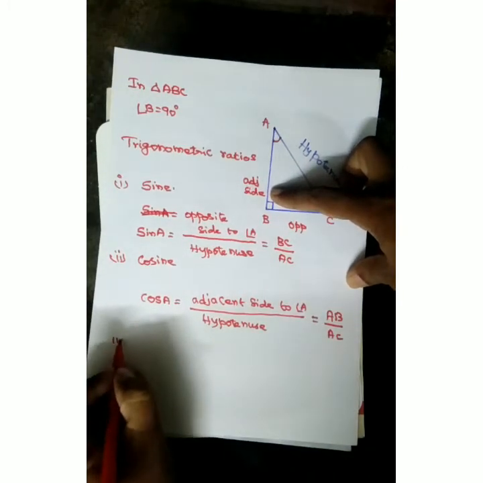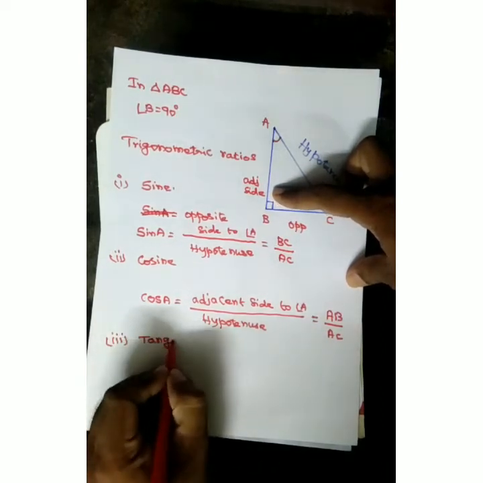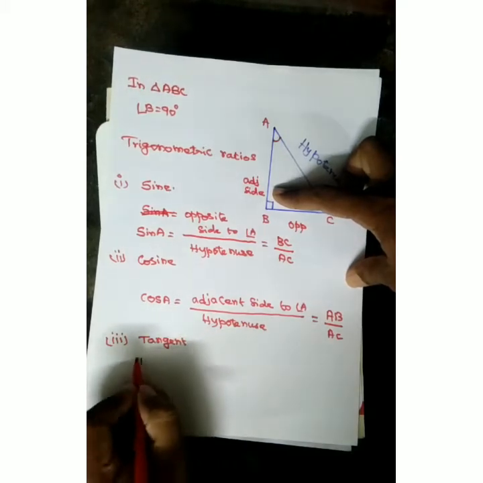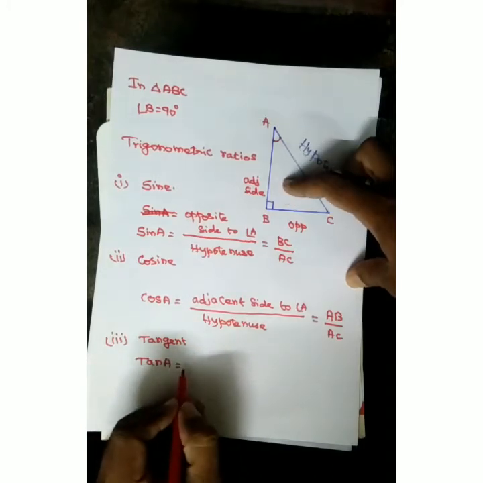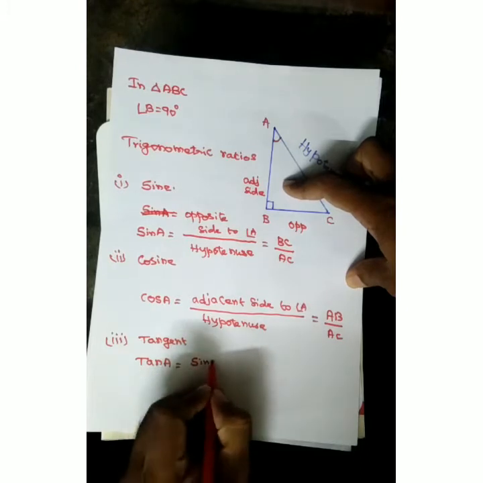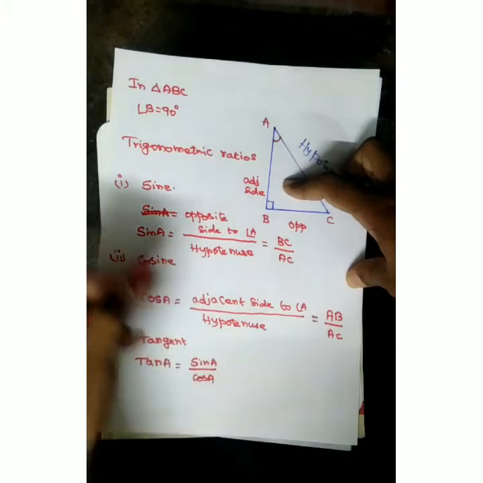Next, the third one is tangent. In shortcut we write tan A. Tan A is nothing but sin A by cos A, the ratio of the above two ratios.